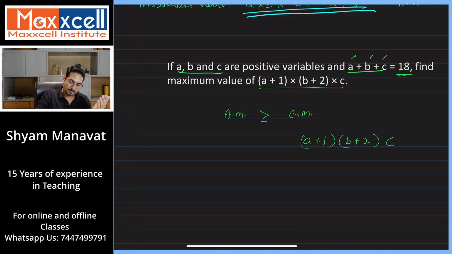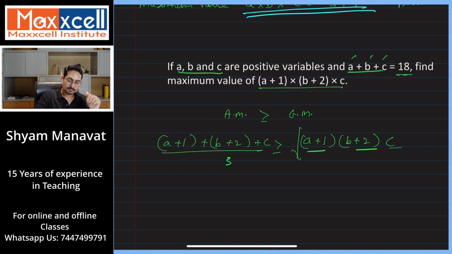Okay? So, towards the arithmetic mean, I'm not going to write A plus B plus C. What am I going to do? I am going to use the same which we need to find out. इसको साथ में रखेंगे हम लोग. A plus 1 plus B plus 2 plus C by 3 is arithmetic mean, which is more than equal to cube root of this.